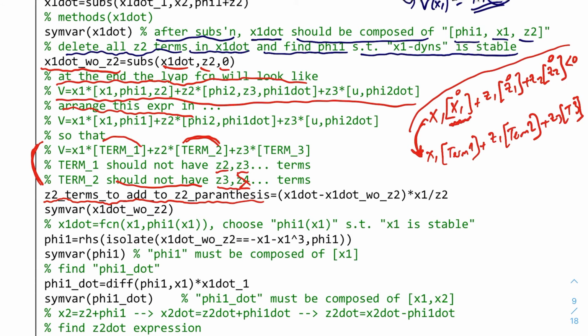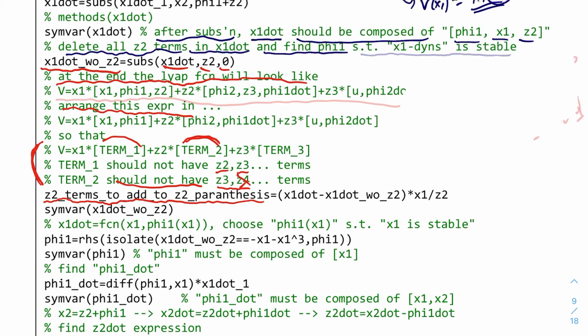So if you have a z1 term in x1 dot, carry that to this z2 parenthesis. I'm sorry, I made a mistake: z2, z2, z3, z3.